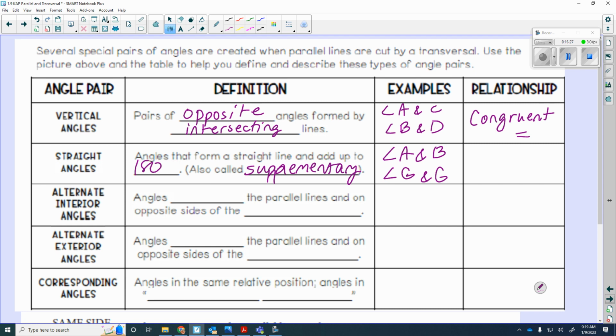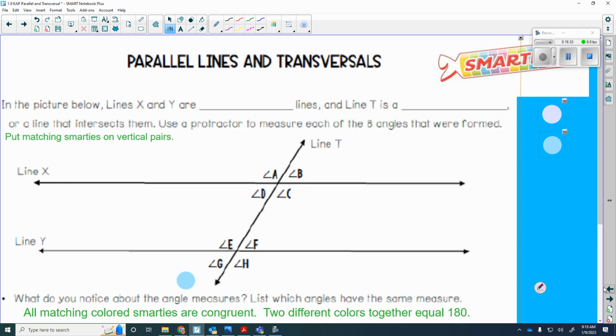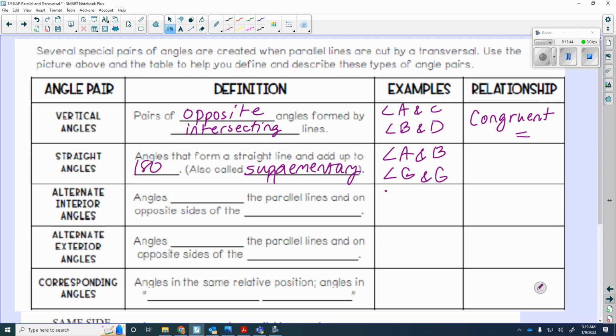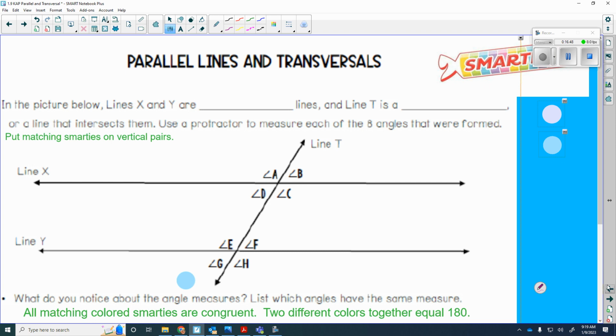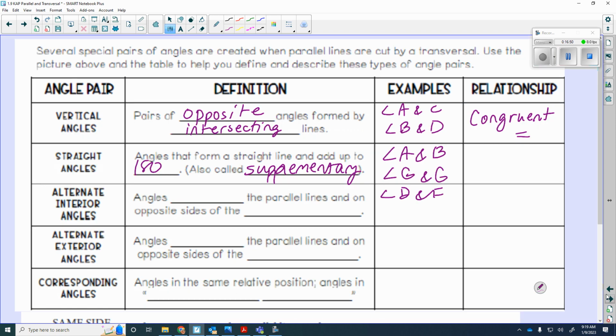Okay, well, interior means on the inside of the parallel lines, right? And alternate means on opposite sides. So we're now on the inside, and now we're talking about opposite sides of this transversal. So that would be what? D and F, or C and E.